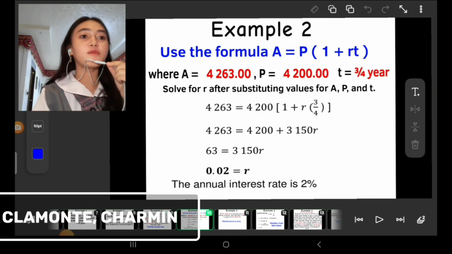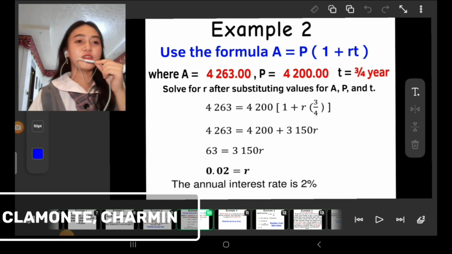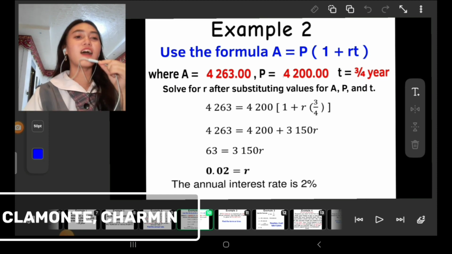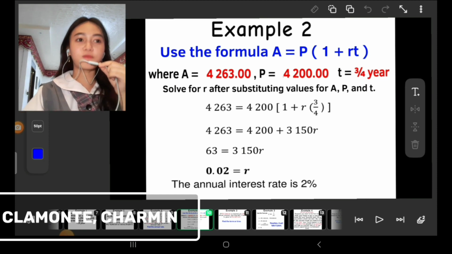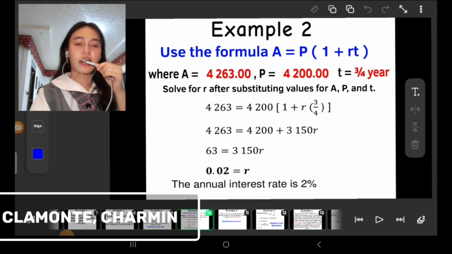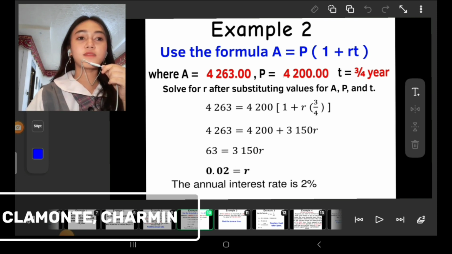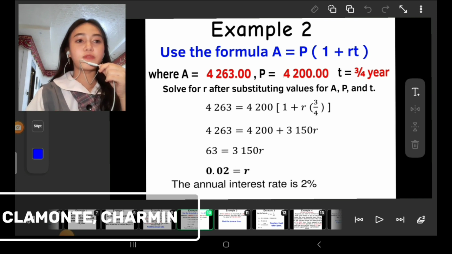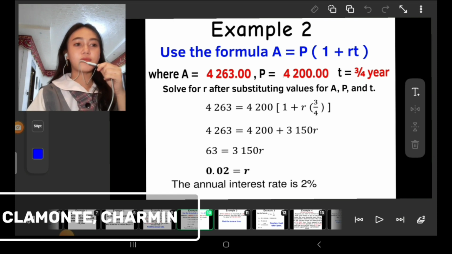Use the formula: future value equals principal times the quantity 1 plus rate times time. Future value is 4,263 pesos and the principal is 4,200 pesos.